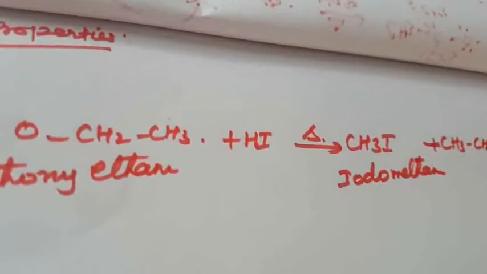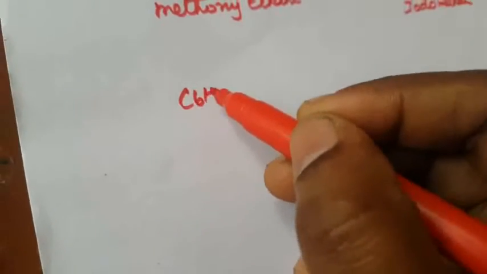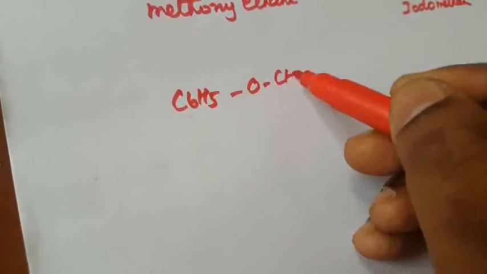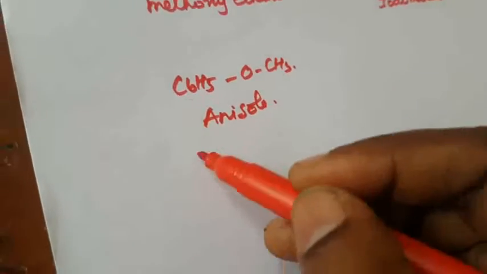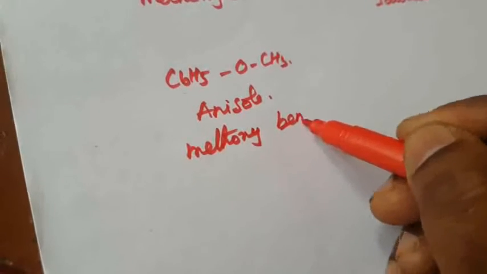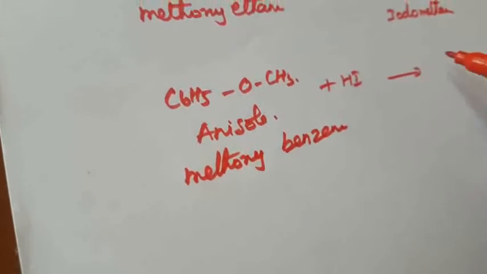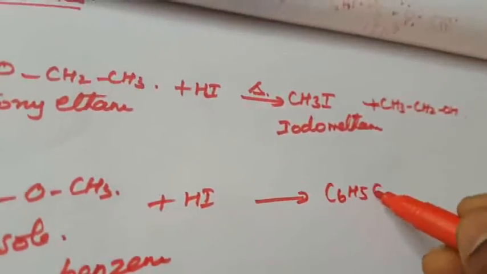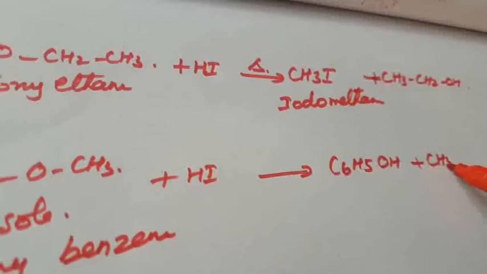Next one is aromatic ether, C6H5OCH3. What is this compound name? Anisole, or methoxybenzene. Methoxybenzene again reacts with hydrogen iodide to form phenol, C6H5OH, and methyl iodide.